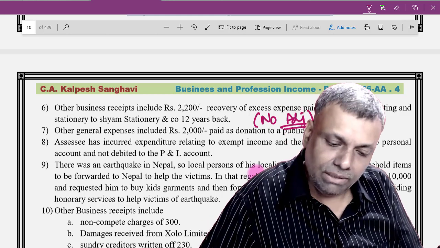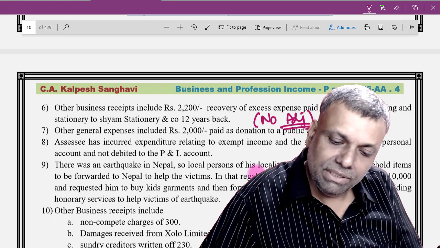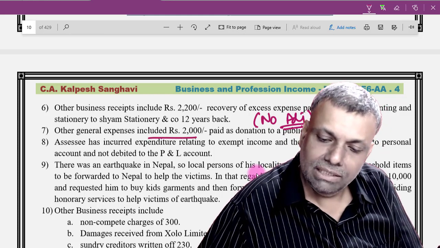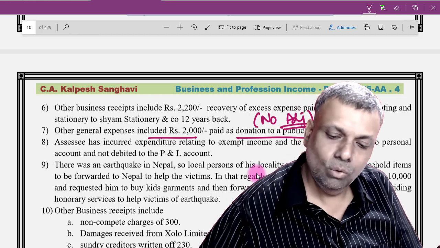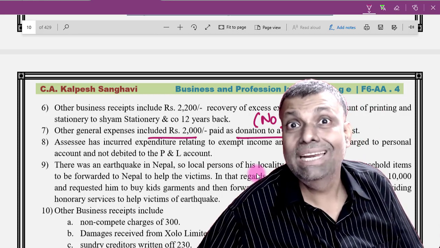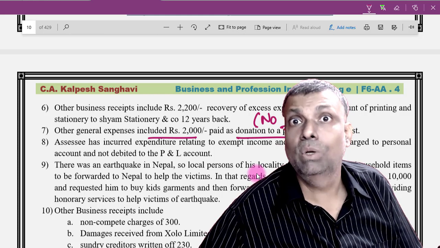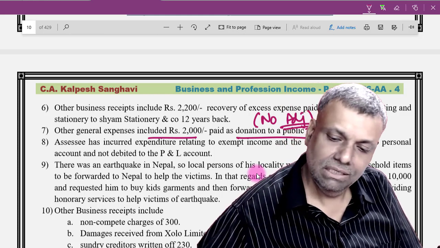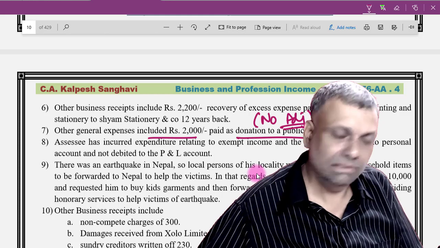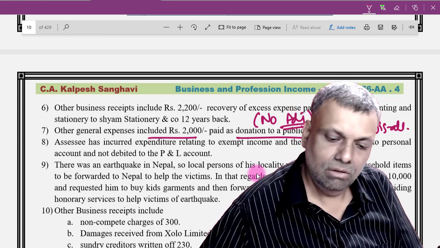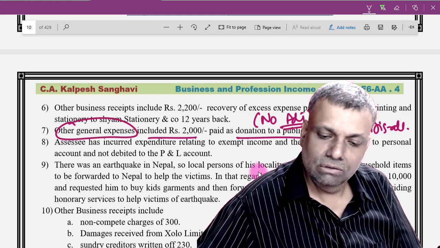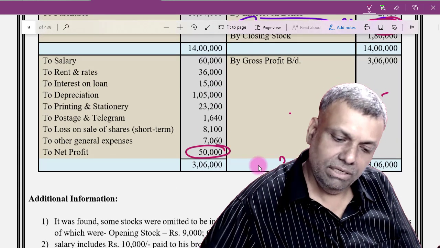Okay. Next, any general expense includes 2,000 paid as donation to a public charitable trust. Any donation is not wholly and exclusively for business under section 37(1). It should be wholly and exclusively for the business purpose. So these 2,000 rupees we will have to disallow. Other general expenditure is already debited somewhere here.